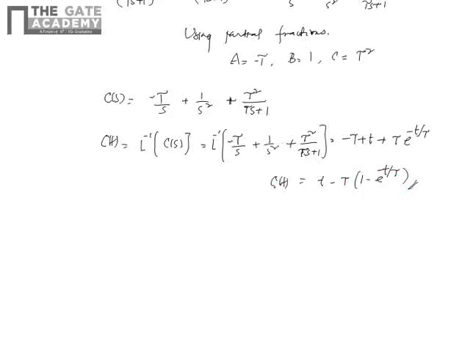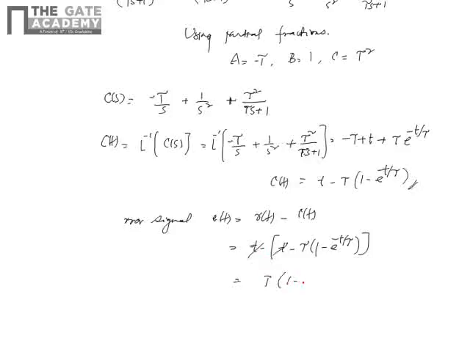Okay. Now we'll find out again the steady state error. First we'll find out the error signal. Error signal e(t) equal to r(t) minus c(t). What is r(t)? It is t, and c(t) is t minus tau minus tau e power minus t by tau. So t gets cancelled. You will get tau into 1 minus e power minus t by tau. This is the error signal.